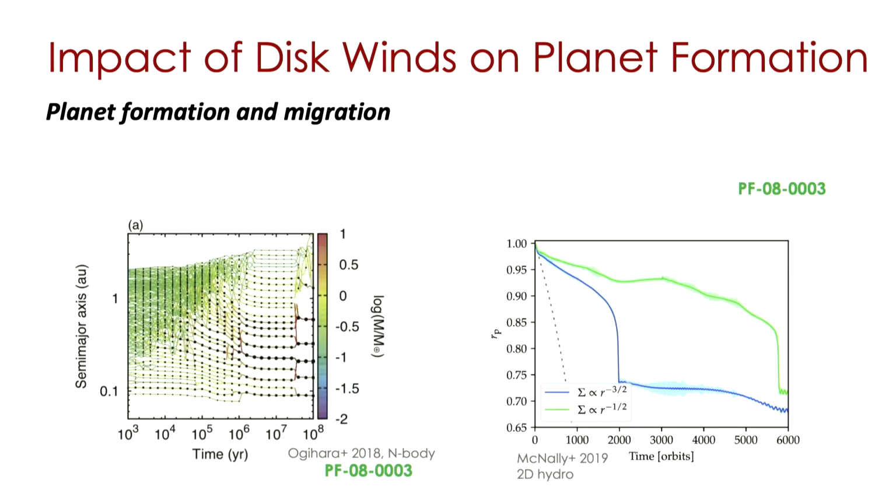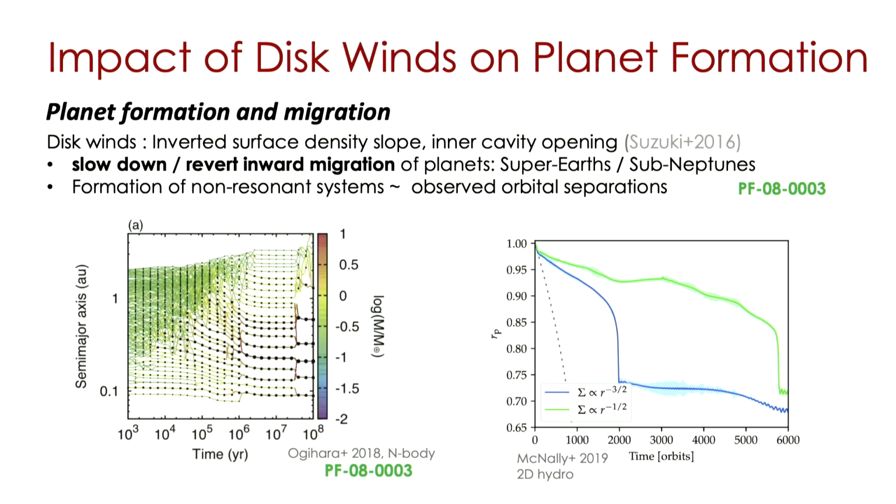There is also an impact on planet formation and migration. Again, because of this inverted surface density slope and cavity opening, you can actually slow down or revert the migration and explain the formation of close-in super-Earths and sub-Neptunes.